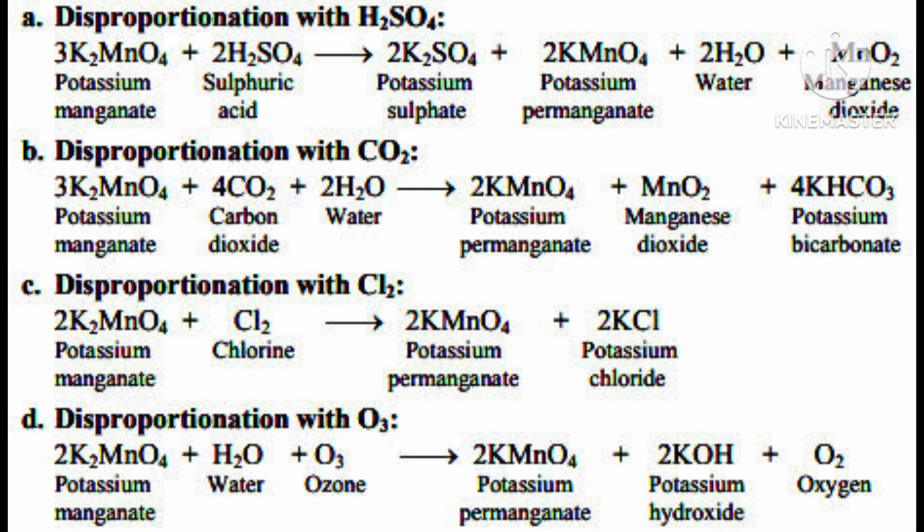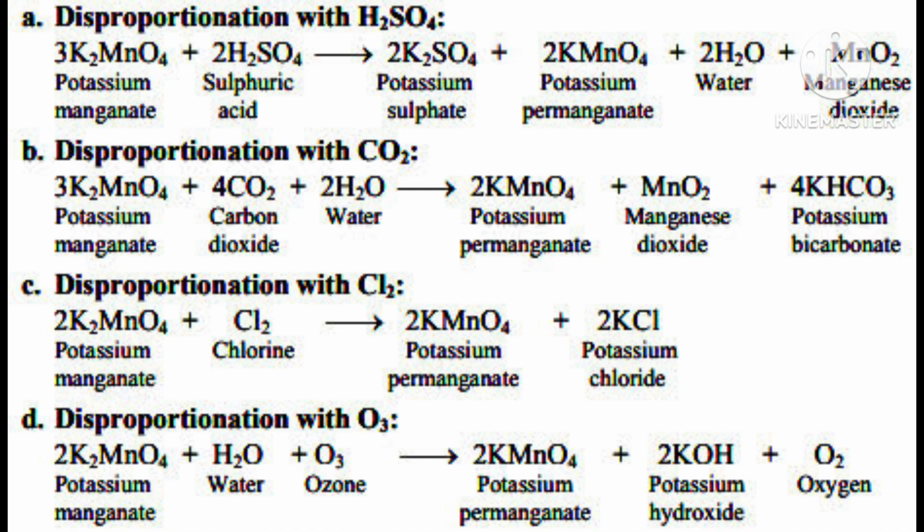The first reaction I am telling you, a notable reaction, is the oxidation of iodide to iodate. Then 2MnO4- plus H2O plus I- gives three products: 2MnO2 plus 2OH- plus IO3-.